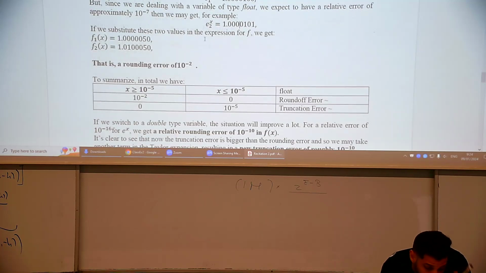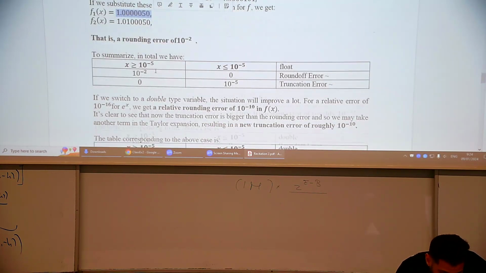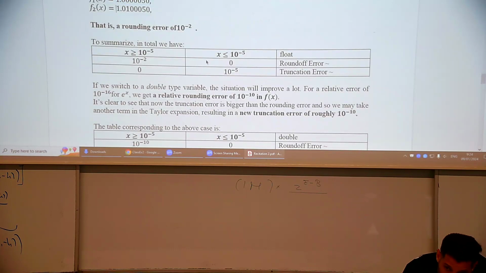So the true answer of f will be this, but when we take the error of rounding, it will be like this. The error between these two numbers is 0.01, and the relative error is 0.001 divided by this one, which is 1%. So it's a big relative error.